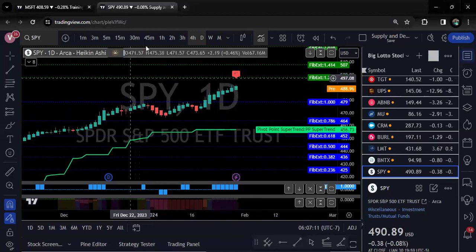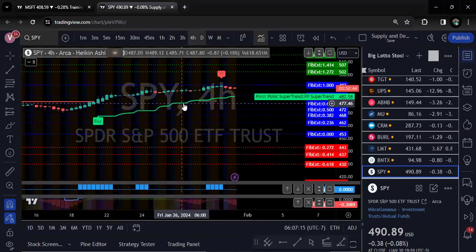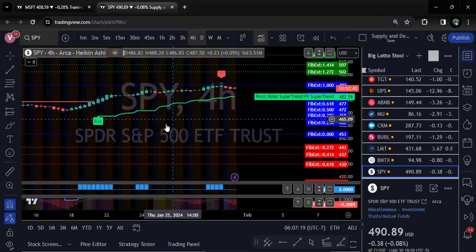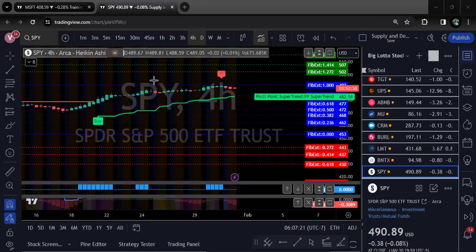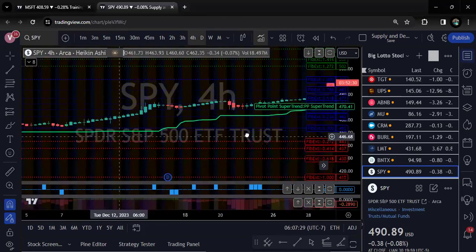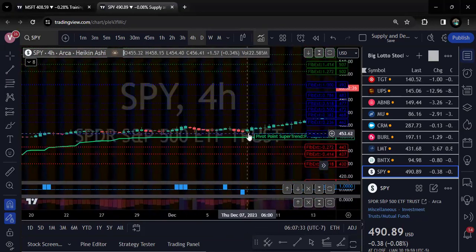But you're looking first at the 4 hour, which will give you nearer levels. Like if you see on SPY, we got from 453, which is the level. Where's the 453? I need this indicator.